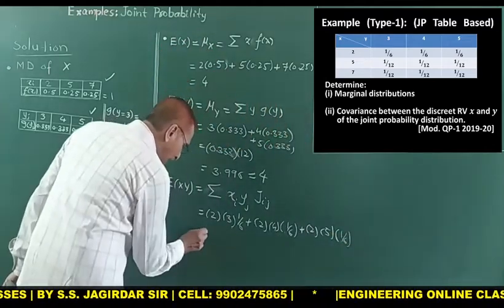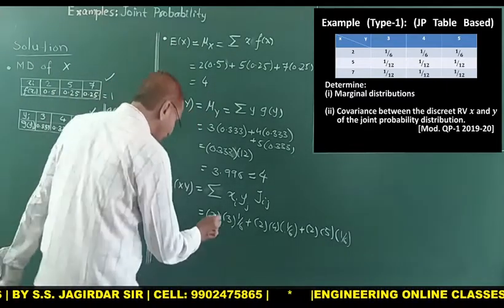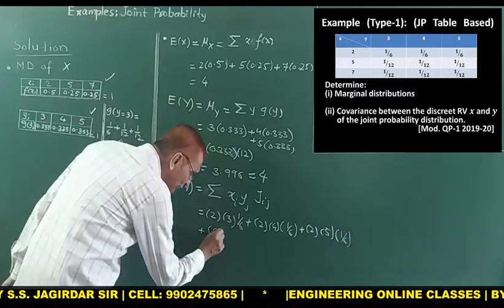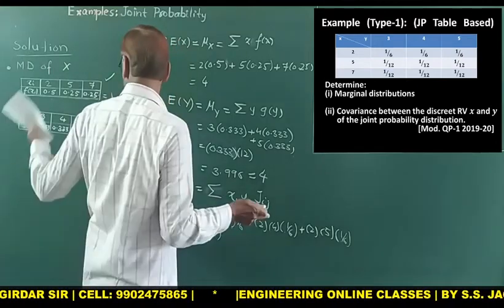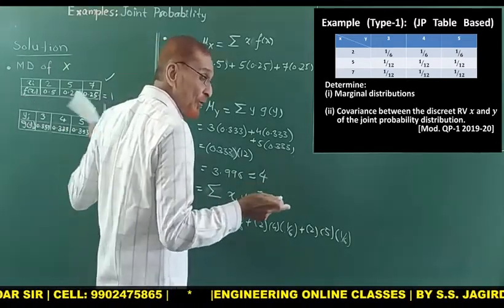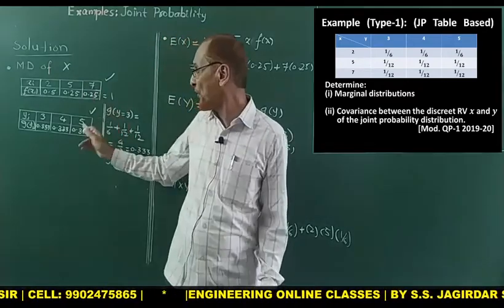Okay. After 2, we will consider 5. When you take 5, gentlemen, again you have to pair 5 with 3, 5 with 4, and 5 with 5.